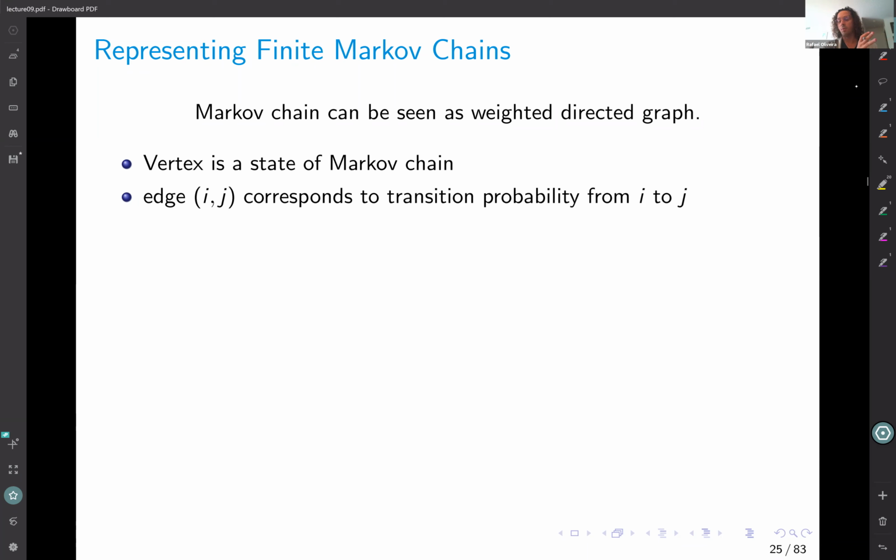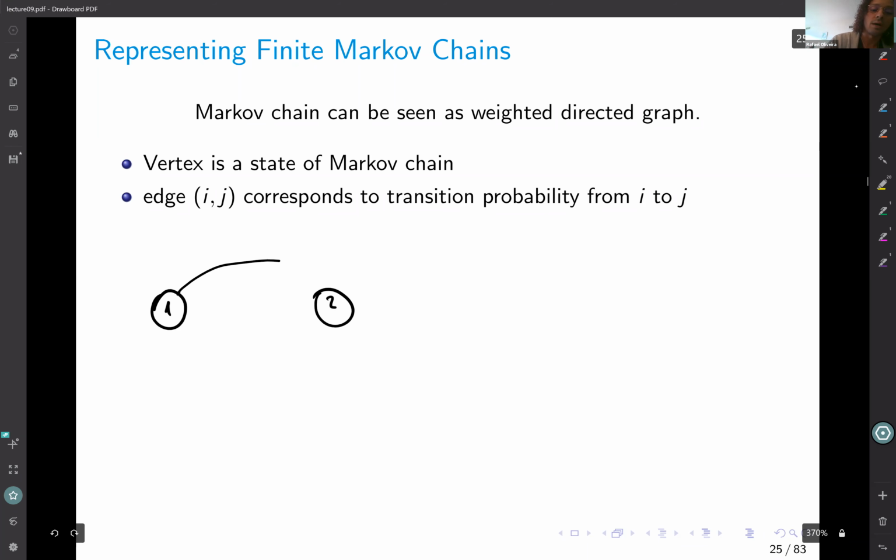So we saw a random walk, and now we're seeing that finite Markov chains can be represented as a kind of random walk, except that now, instead of an undirected graph, we have a directed graph. For example, say we have two states, 1 and 2.